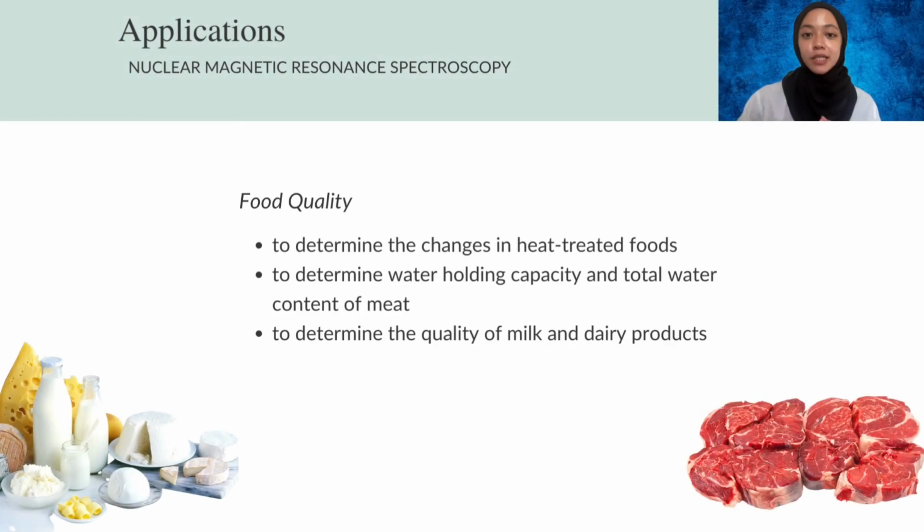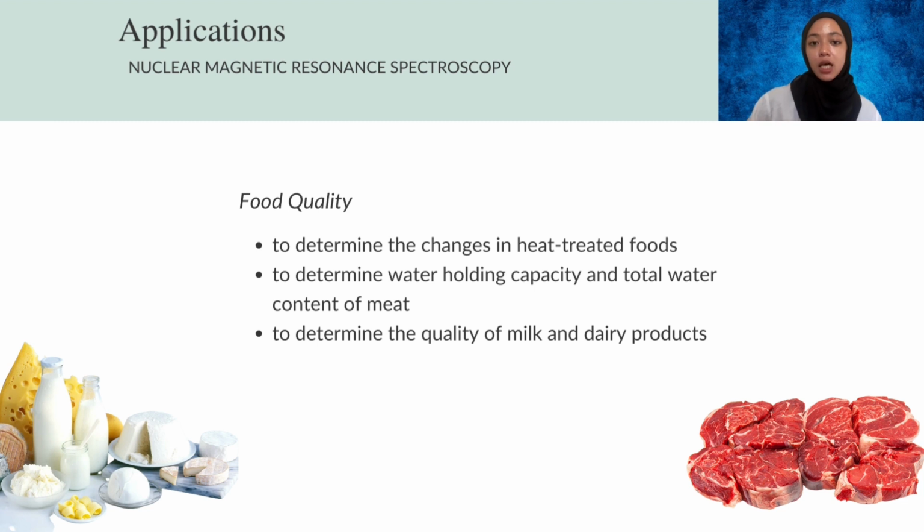The last application is food quality. NMR techniques are used successfully in various food systems for quality control and research. NMR techniques can be utilized in determining the changes in heat-treated foods. In this technique, change of water distribution and mobility in foods could be determined without damaging the food.